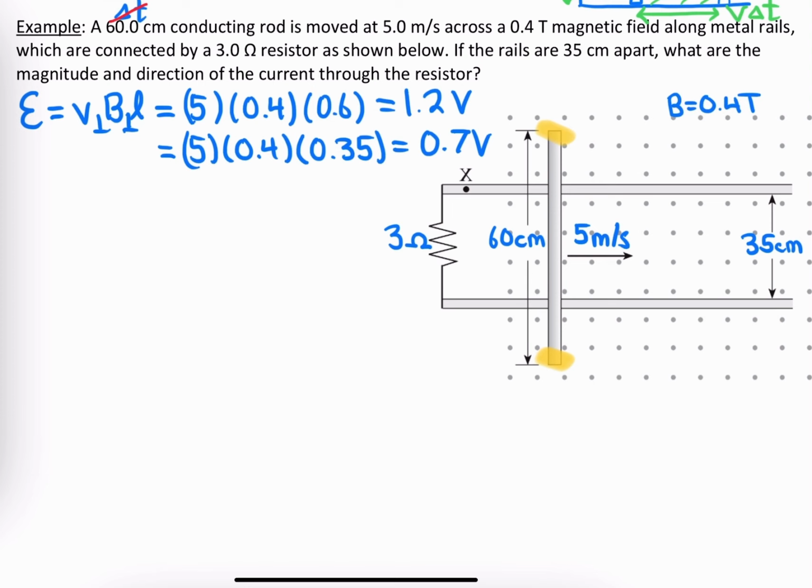And the total difference between the low end and the high end is going to be 1.2 volts, or a height of 1.2. That's the difference between the two. But on that hill, if I were to not look at the whole hill, but 2 points on the hill, one that's a little bit higher than the bottom and one that's a little bit lower than the top, the difference between those 2 points would not be the full 1.2. It's only going to be 0.7.